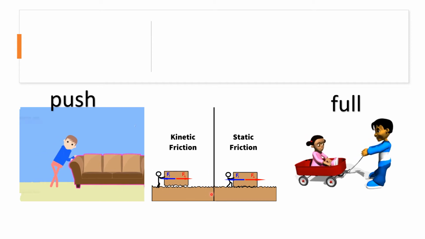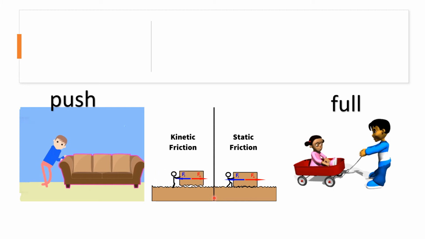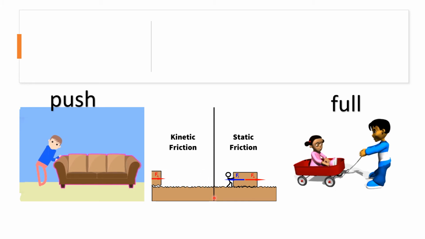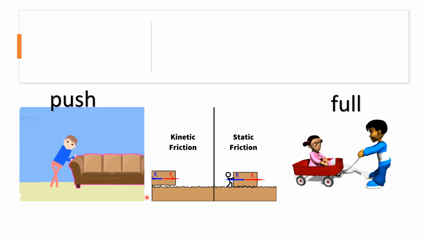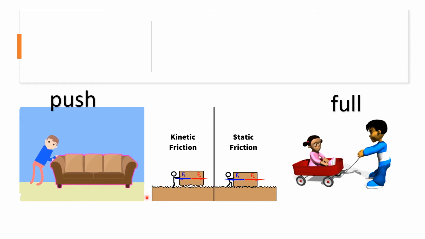Like for example, kung madulas yung sahig o madulas yung ating dadaanan, nakakatulong yung friction para mapigilan na huwag tayong madulas. Like kung magsusuot tayo ng mga tsinelas na mayroong mga spikes. So, that is a friction.